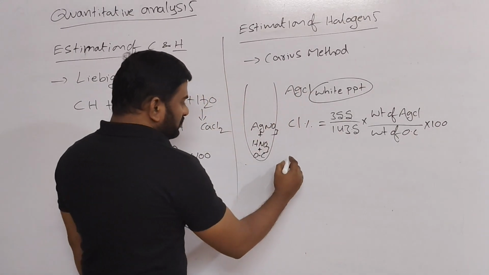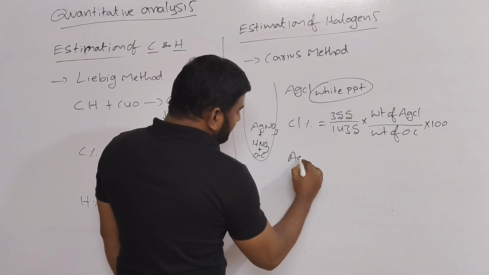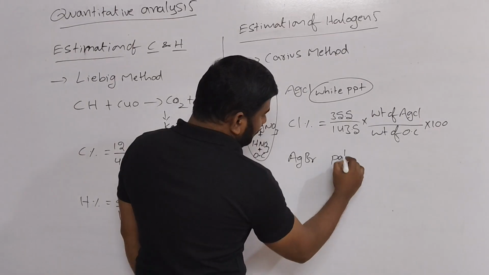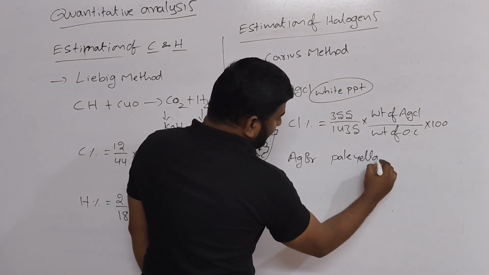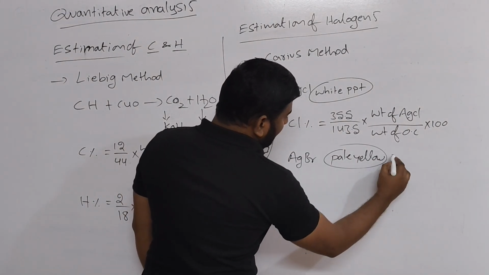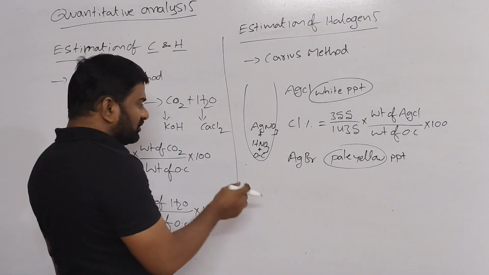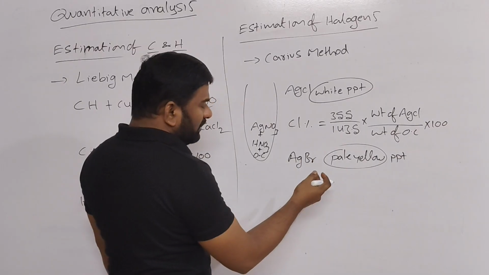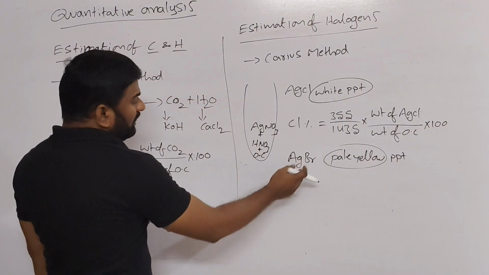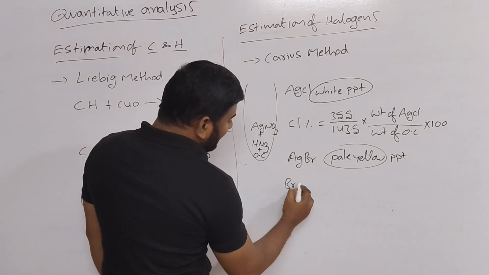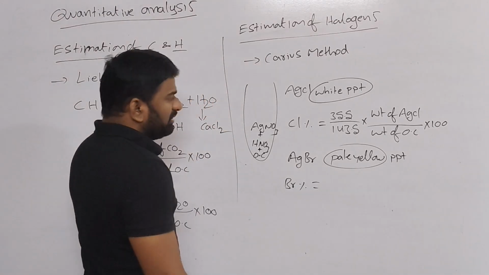Suppose AgBr comes, how will we get to know it is AgBr? Pale yellow. If a pale yellow precipitate comes, then that compound is AgBr. Here also you have to wash, then dry, and after drying, calculate the weight of AgBr. Once we know the weight of AgBr, we can calculate the bromine percentage.